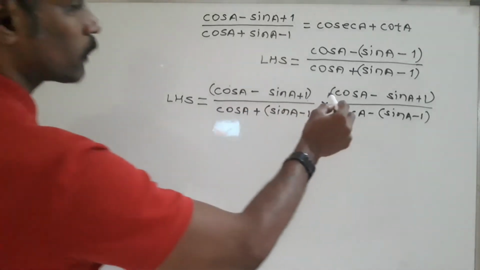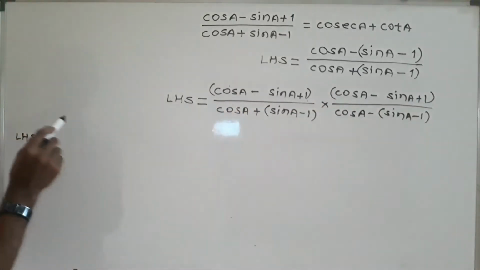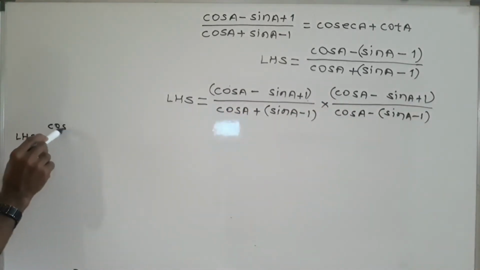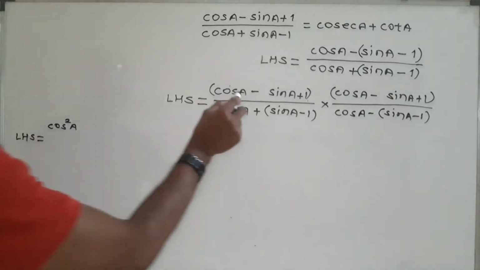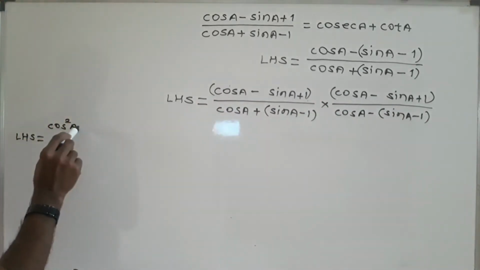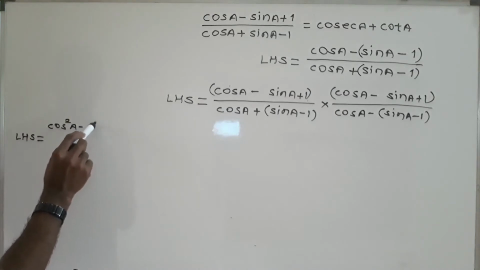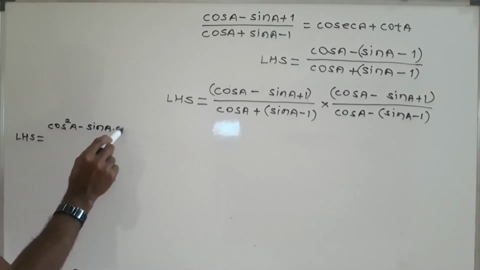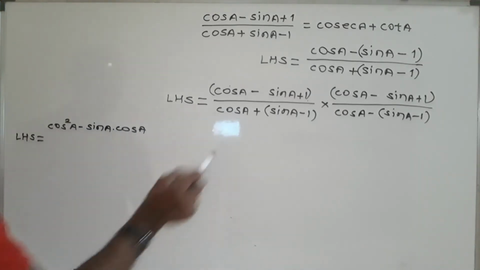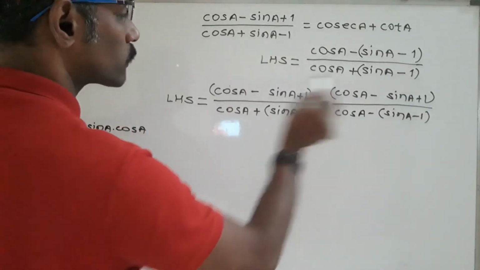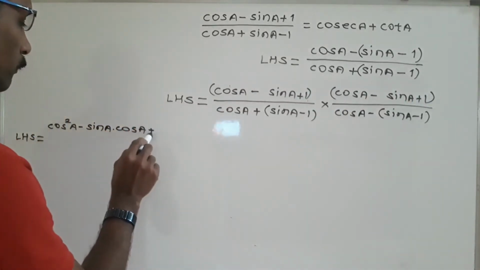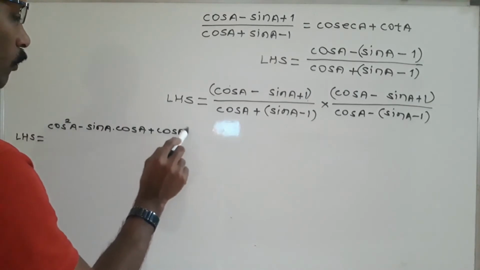LHS: we multiply this bracket by cos A, therefore cos square A, cos A into minus sin A, minus sin A cos A. Then cos A into 1 means plus cos A.